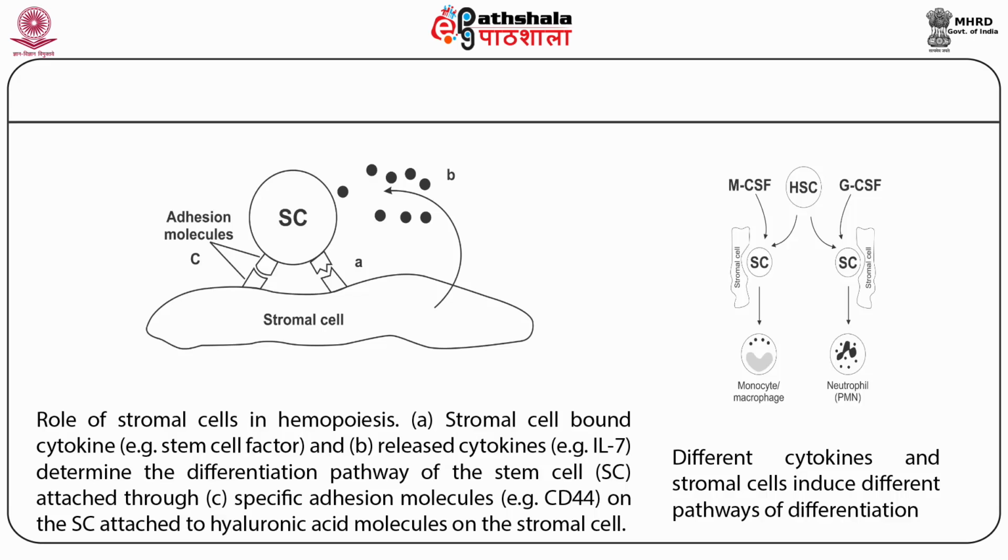These stromal cells include macrophages, endothelial cells, epithelial cells, fibroblasts, and adipocytes. So these different stromal cells create foci. At different foci, different cells can develop.